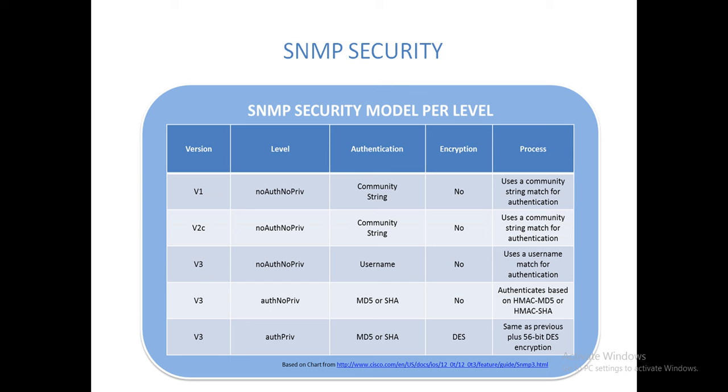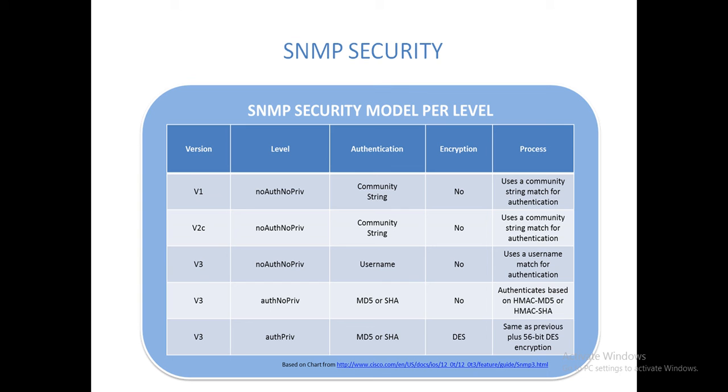By default there is no security, meaning no authentication, no privacy. It simply uses a username database to secure SNMP, but that is not secure at all. So we also want to add authentication and privacy.